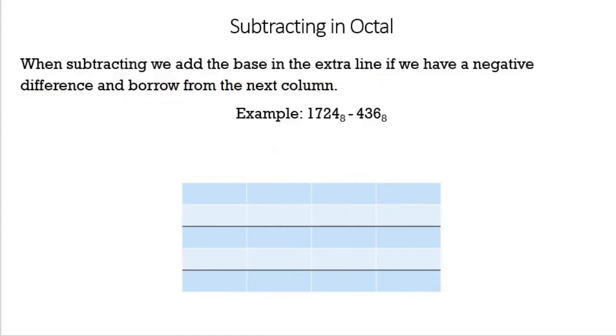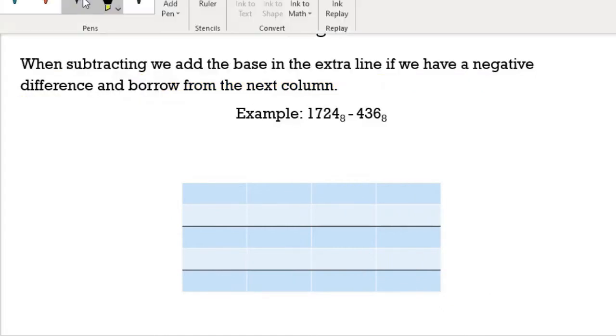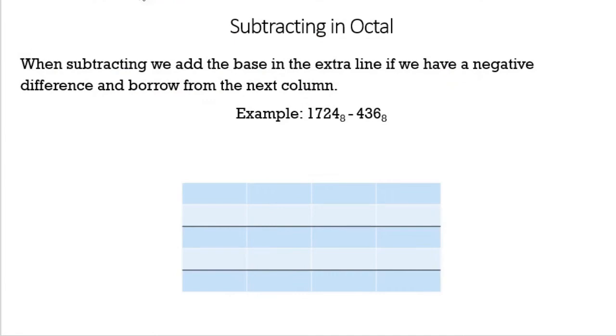We're ready to try this in octal. Use the same digits again. Of course, it's not the same number because it is in a different number system. 1724 minus 436, both in octal. 4 minus 6 is still negative 2, so if we have a negative difference, we do have to borrow.